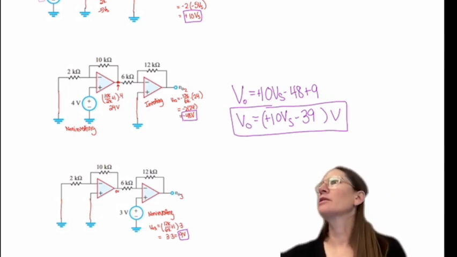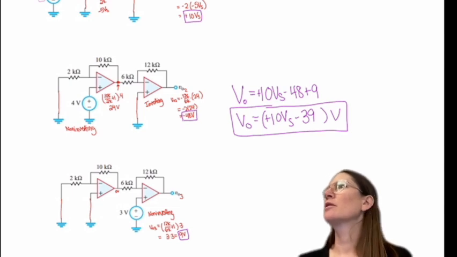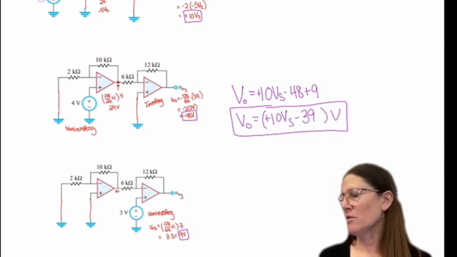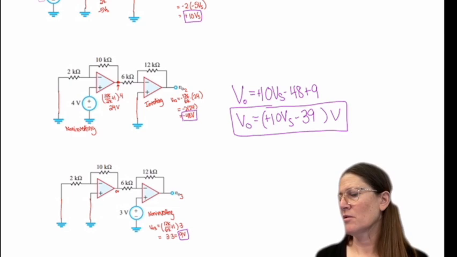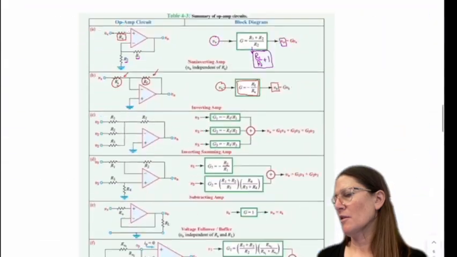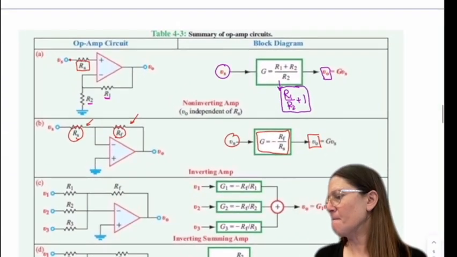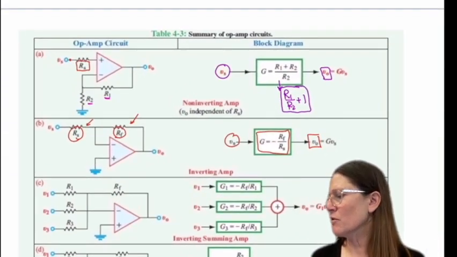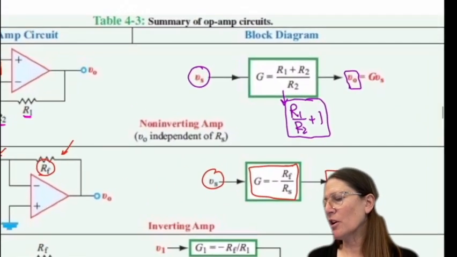Yes. You might have gone over it, but I'm confused on how you got the +1 in the 4-volt one and the 3-volt one. How do you get the +1, like the 10K over 2K inside the parentheses? Oh, because it's a non-inverting amp.